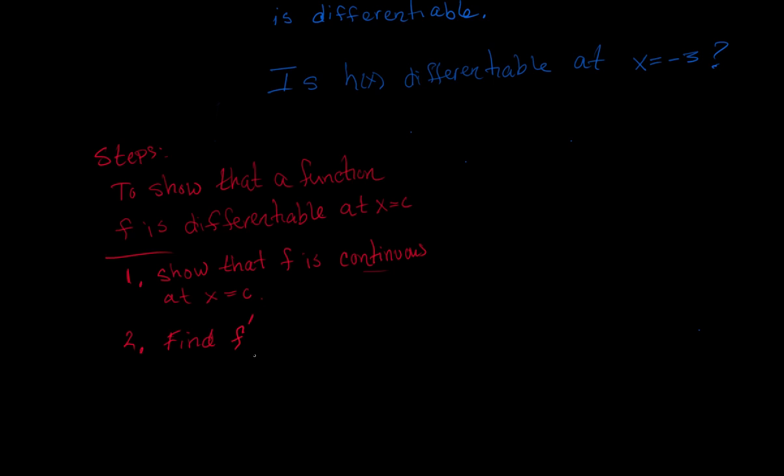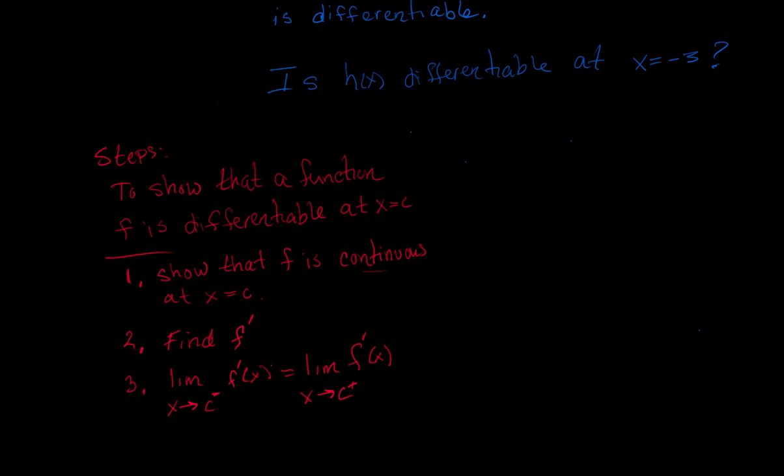But we'll use our differentiation rules to find a possible derivative for f, and then we're going to check in step 3 to see if the limit as x approaches c from the left of that derivative is equal to the limit as x approaches c from the right for that derivative. The combination of these three do show that the function must be differentiable at that value of x.